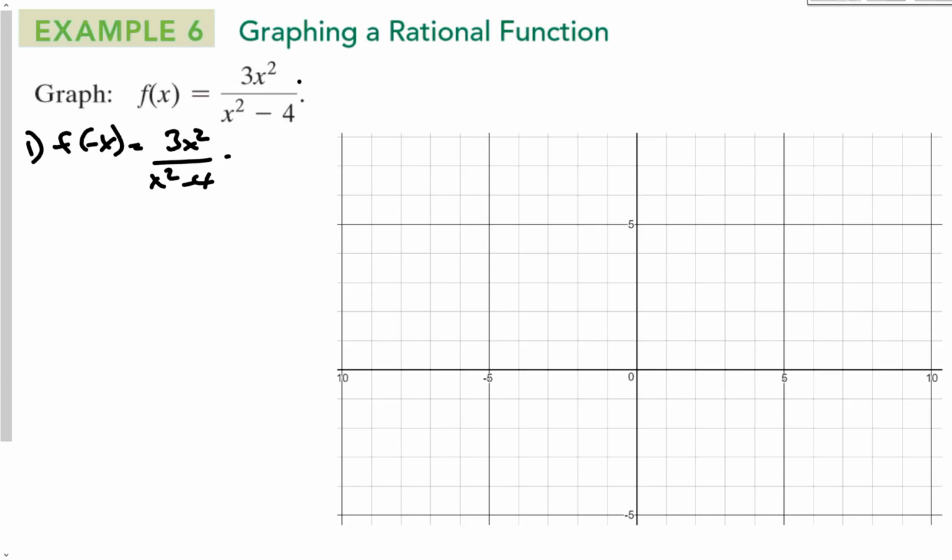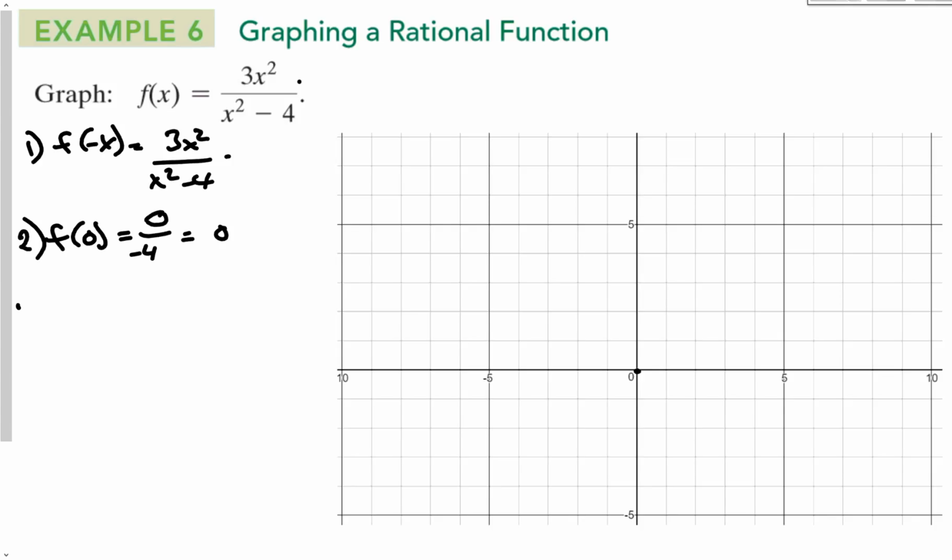This is very nice because now I only have to graph half of it and flip it over. Okay. Step 2, y-intercept. Plug in 0. When I plug in 0, I get 0 over negative 4, which is 0. Good. So the graph passes through the origin.